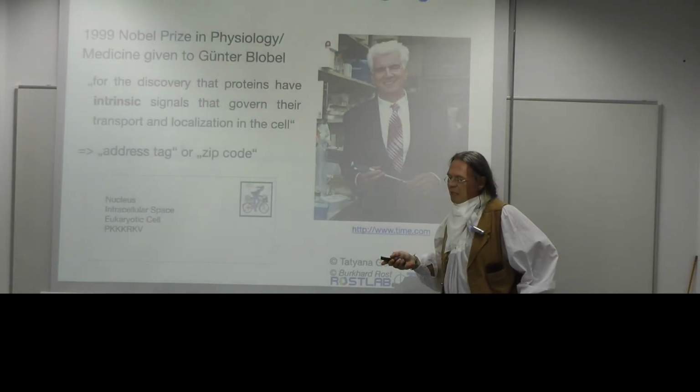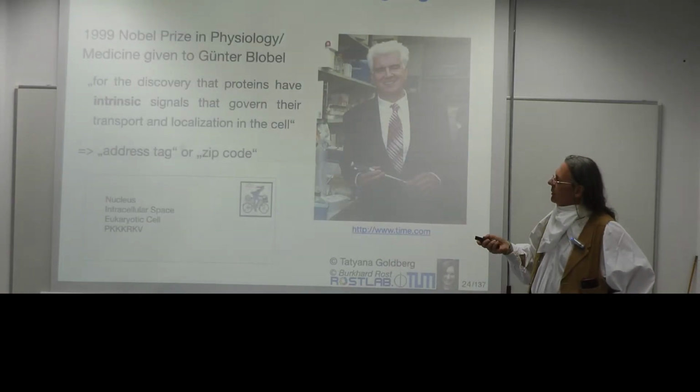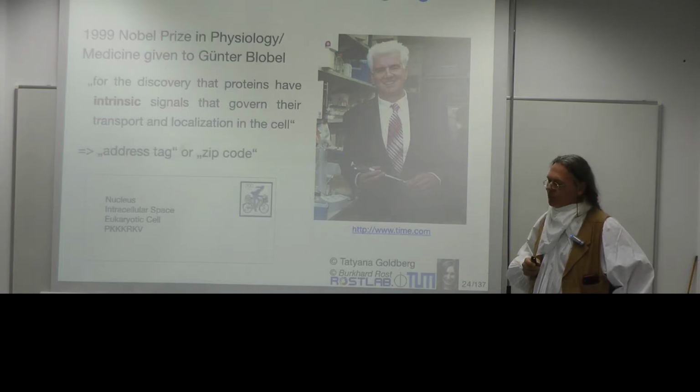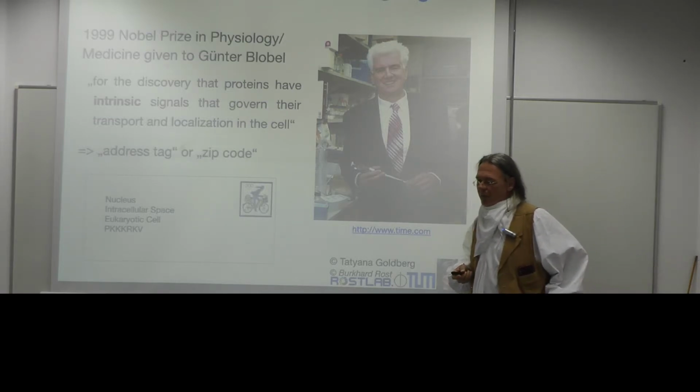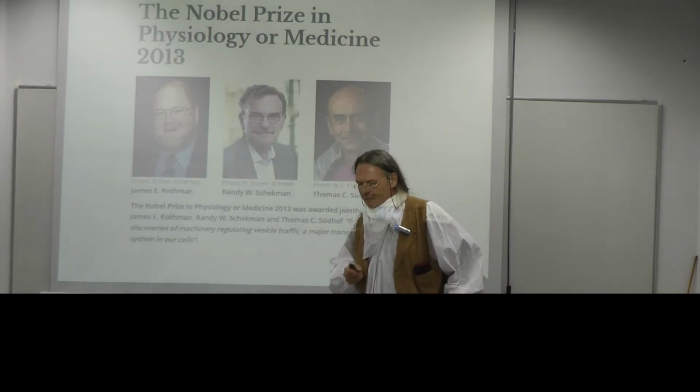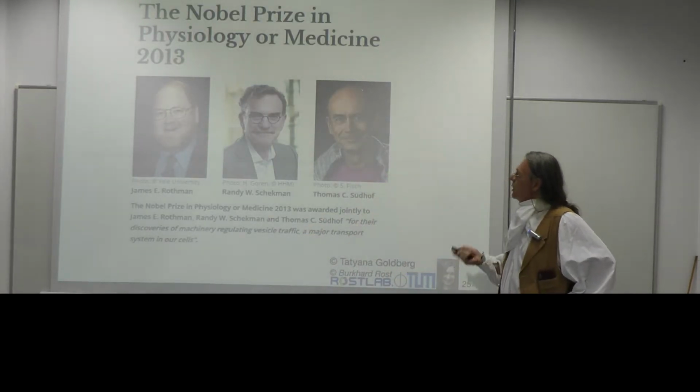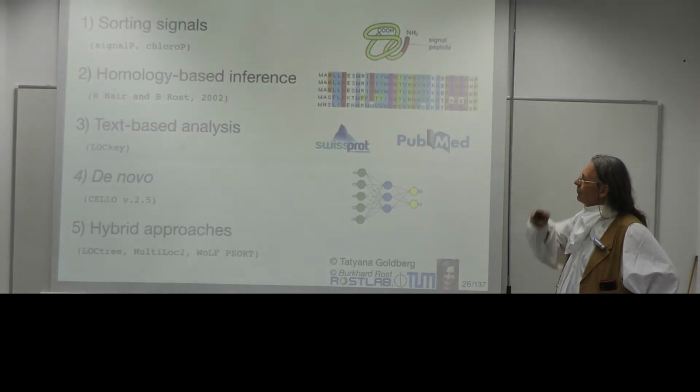There are these motifs, and that gets us to Blobel and the Nobel Prize, introducing this idea of zip codes or address tags that you put on a protein that are essentially motifs. Here's a more detailed version of that, which got the Nobel Prize in 2013.